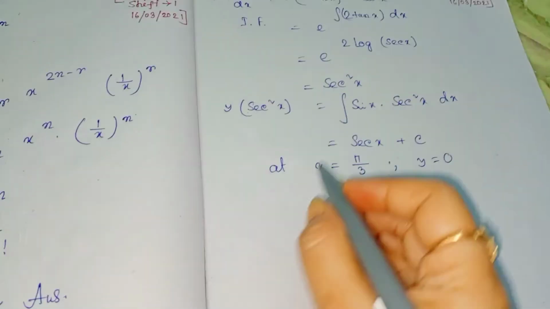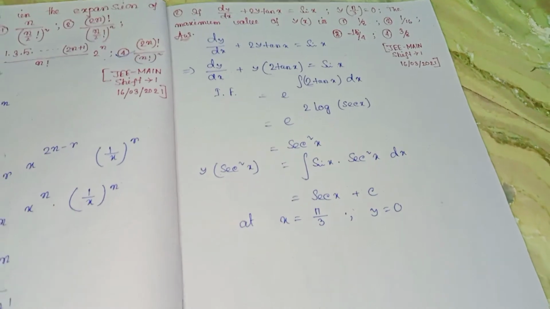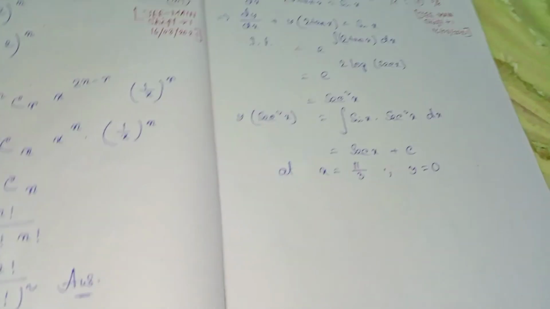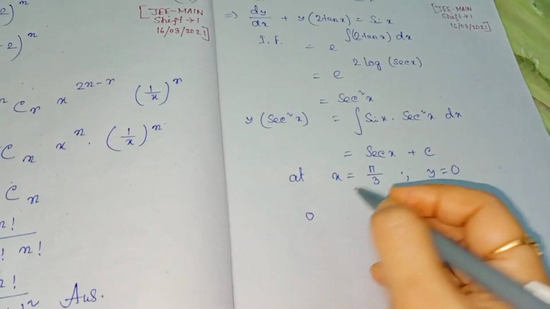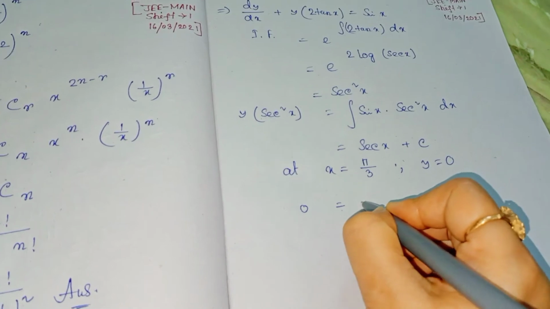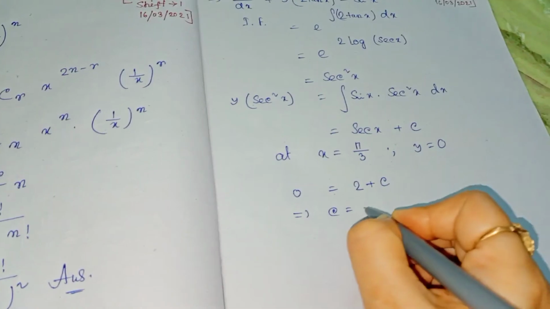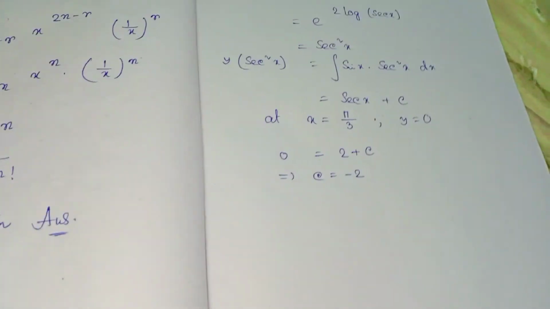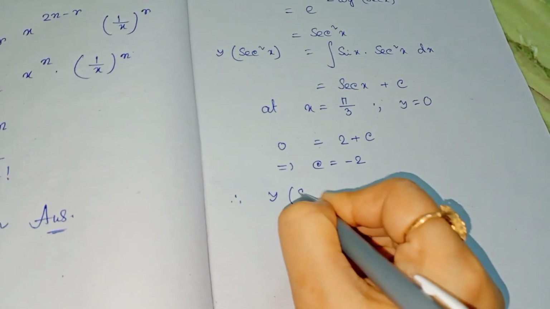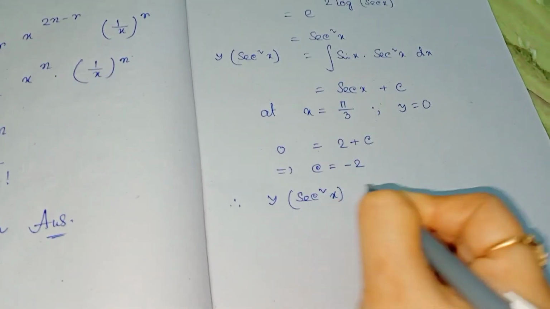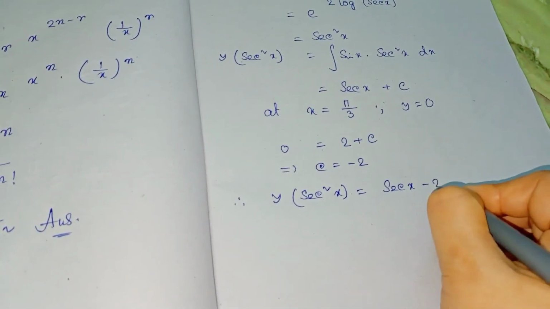So the left hand side becomes 0 and the right hand side is equal to 2 plus c. So that implies c is equal to minus 2. And now therefore y sec² x is equal to sec x minus 2.